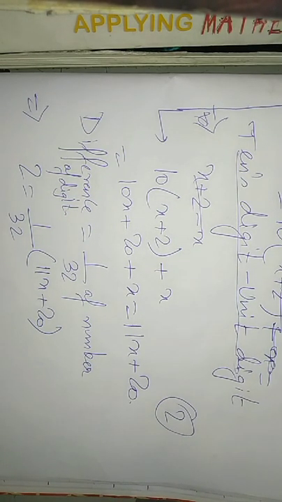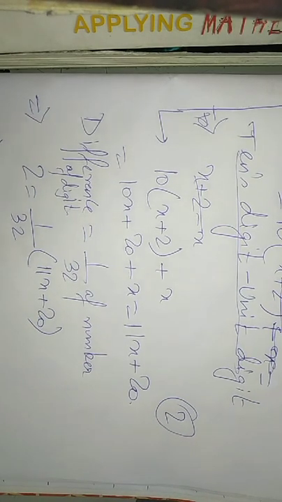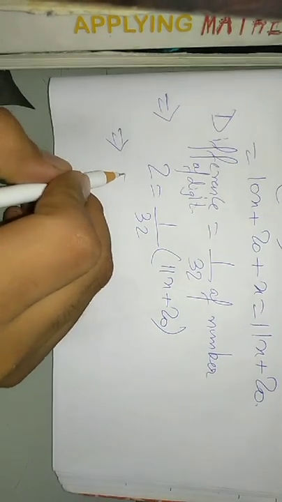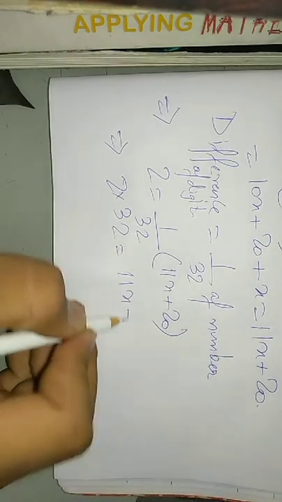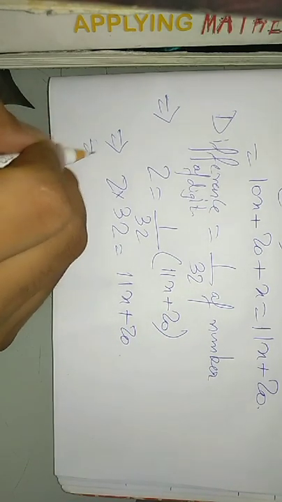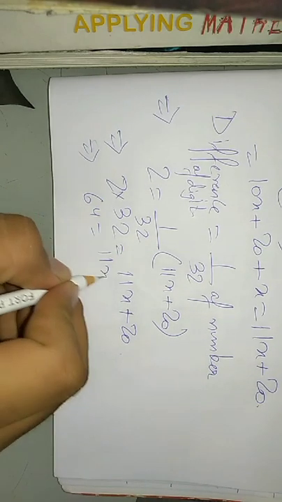Now I need some very small cross multiplication. This 32 will go up: 2 into 32 is 64, equal to 11x plus 20.